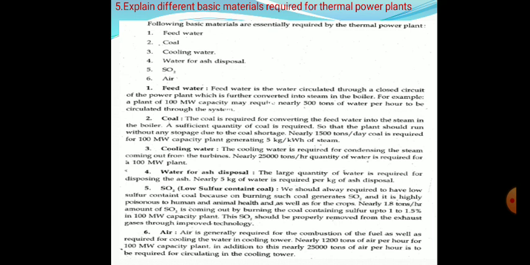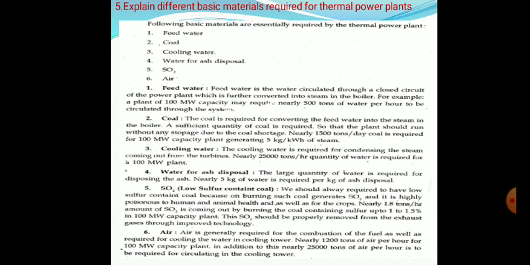Nearly 1.8 tons per hour of SO2 comes out by burning coal containing sulfur up to 1 to 1.5% in a 100 megawatt capacity plant. This SO2 should be properly removed from the exhaust gases through improved technology.